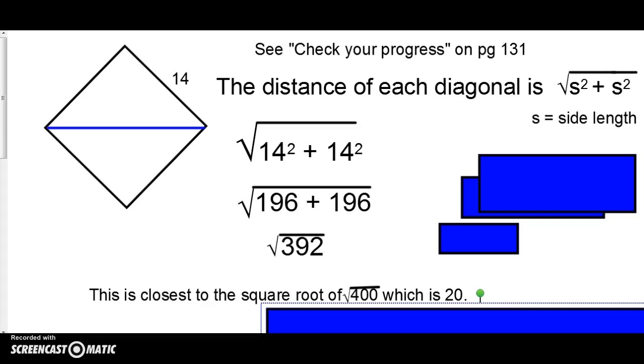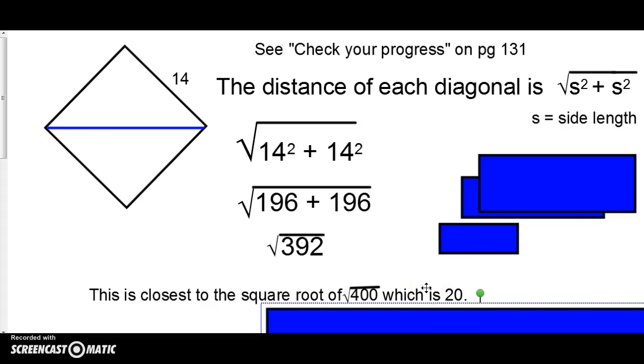All right, and I know your number line went as far as 200, but we didn't keep going. So you would actually have to use a calculator to say, which perfect square is 392 closest to? 20 times 20 is 400, which is very close. So you would say, estimating the length of the diagonal across the baseball field for the Little League is about 20 feet.